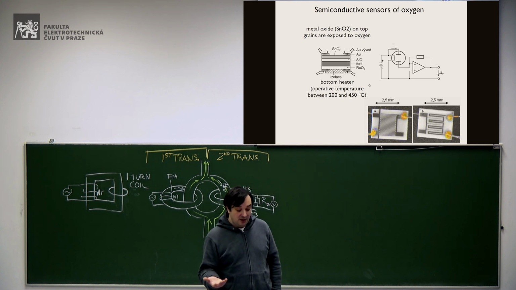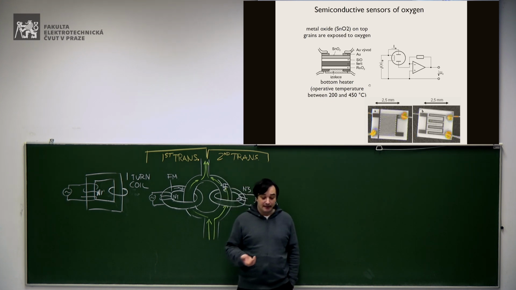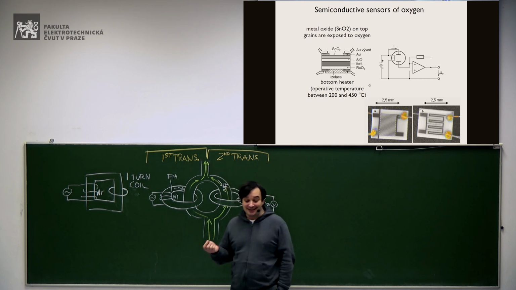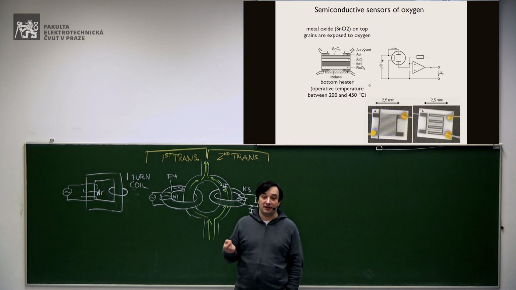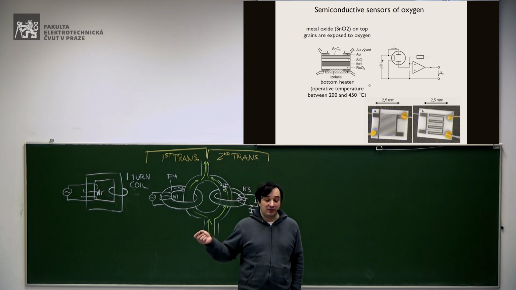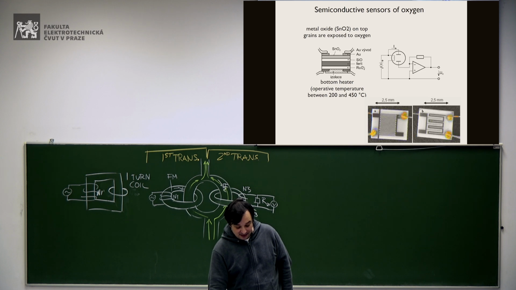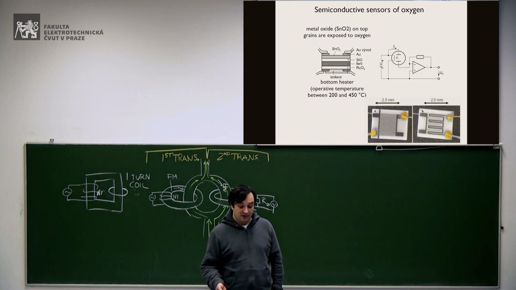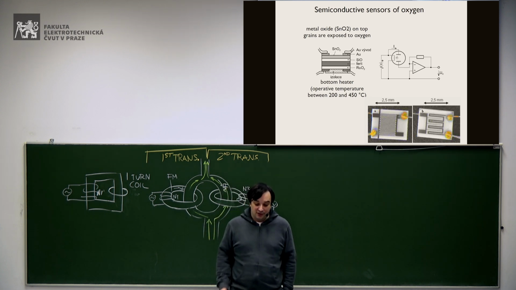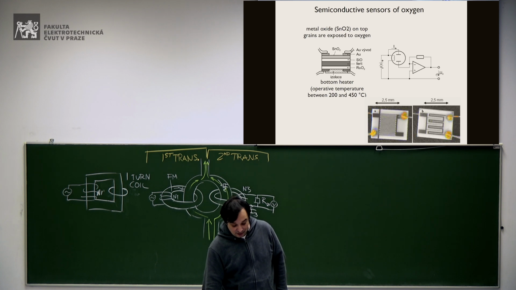What you do is basically warm up this metal oxide and measure the resistance of this tin oxide depending on the oxygen. Here you have a schematic where you have some heating element, okay, this is the heating element at the bottom. And then schematically, this is the symbol of the sensor itself. Then you have a resistance here, which depends on the presence of the oxygen, and you can convert it to voltage using this resistance to voltage converter. Okay.